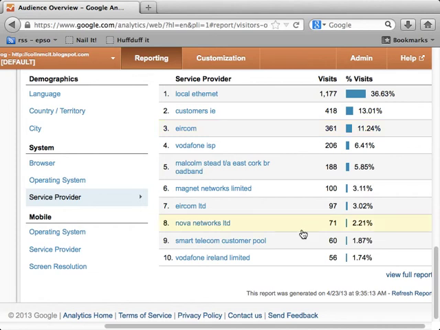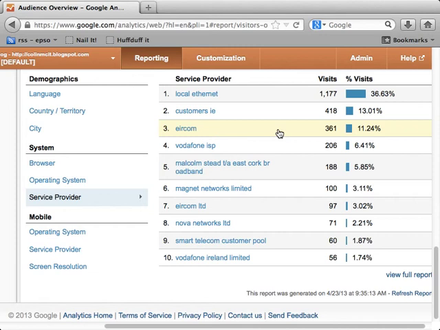This gives me an indication as to what percentage of people are looking at the website in CIT and what percentage are using it at home. Do people use the blog in college, or do they use it at home? Looking at this, it would appear that only 36% of the hits are within CIT, which suggests that this is a resource that people use a lot while they're at home.